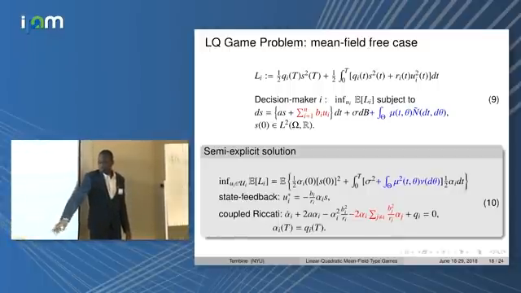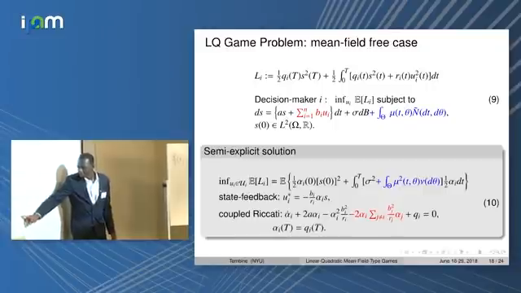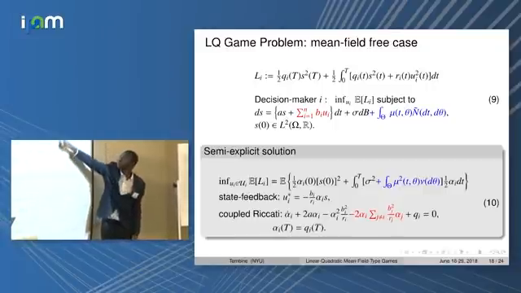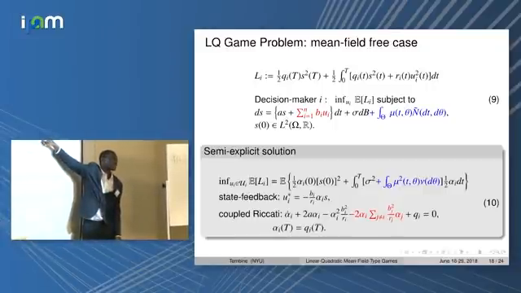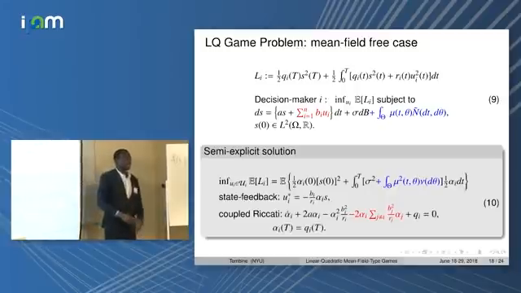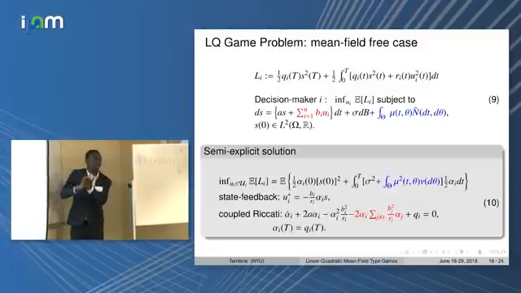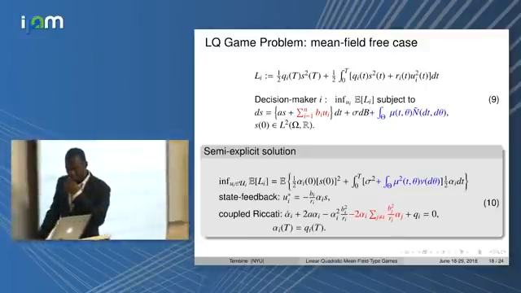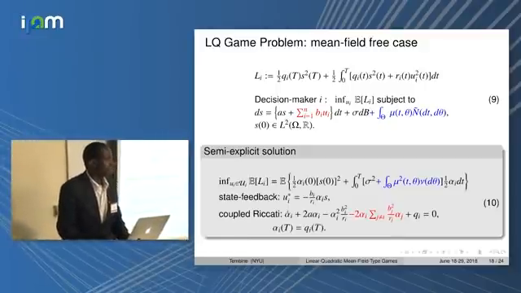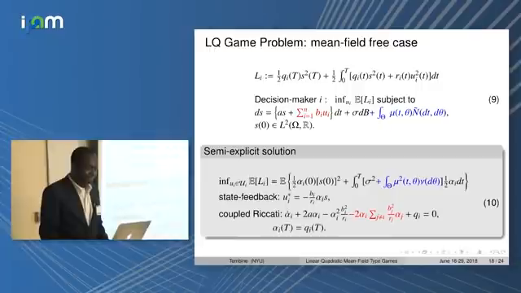Qi to be positive. You need the term here to be positive, so Ri to be positive. Well, that's a reasonable thing. Again, because if it's negative, you can make it minus infinity. Okay? So for matrix versions, it needs positivity, non-negativity of those matrices and of non-symmetric Riccati equations.